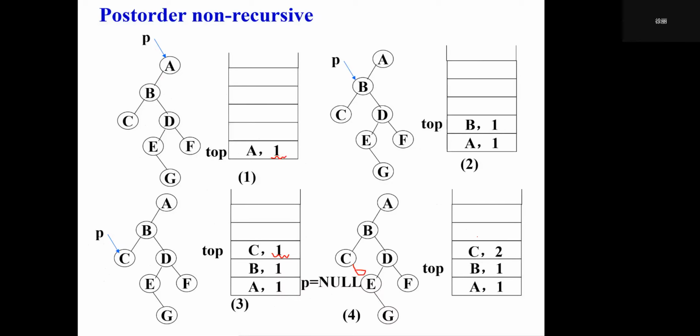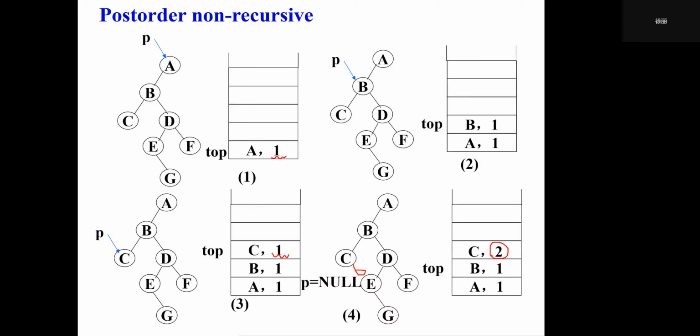So when P is none, we need to pop, right? We wrote the program like that: else, if P is none, we pop from the stack. So we pop, and now when we pop, it's C2. So that means we have traversed the left subtree and traversed the right subtree. And now we can visit the root. So we visit C.